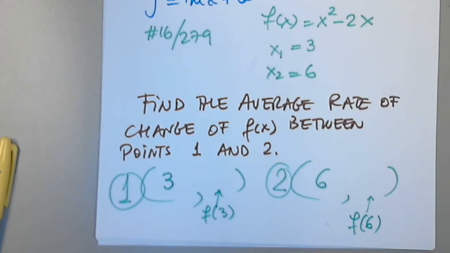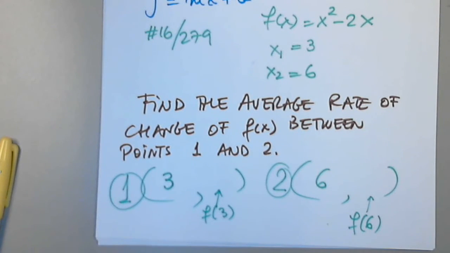Let's review this for a moment. Every time I have a function, and I'm told here's x, in order to determine the corresponding y, I have to plug in x in the function. Is that clear, everyone? Okay, perfect.